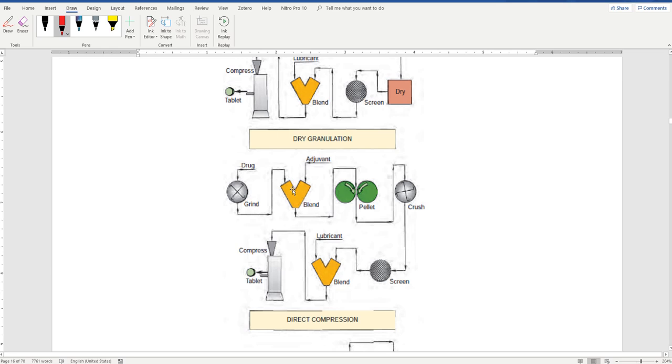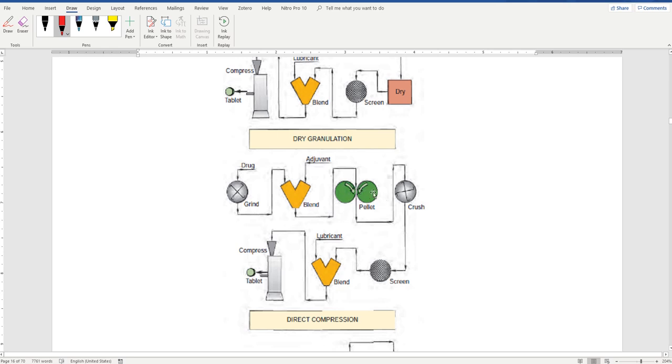Okay? In any way, after you do the mixing with the diluent and the disintegrating agent, you take it to a roller compaction machine, or you will use a slugging machine.